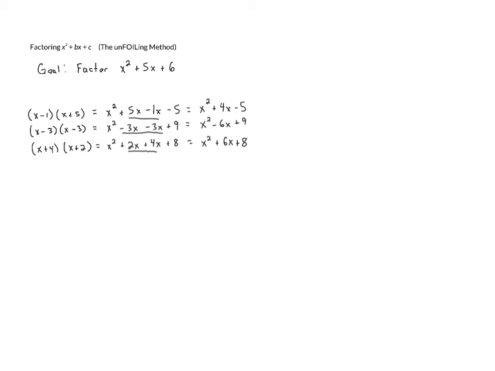Now, we're multiplying here, but the end goal is factoring. And so what I want to do is notice that whenever we have a product of two binomials where they're all in the form x plus or minus a number, whenever we multiply a pair of binomials like this, we end up with a trinomial that always starts off with x squared, just like our examples, and then we've got a term that's plus or minus some number times x, and then we've got a constant term at the end.